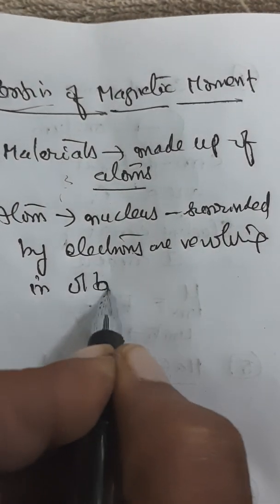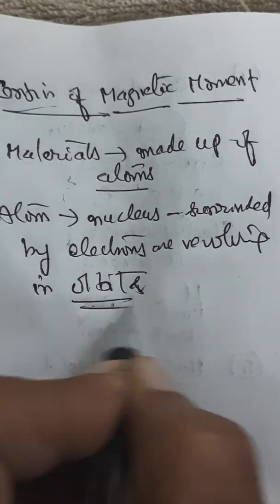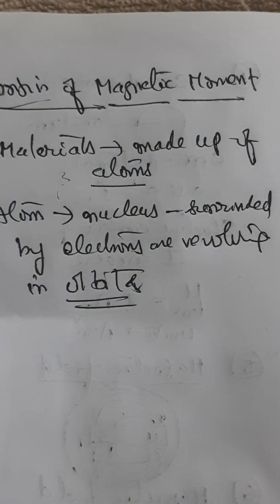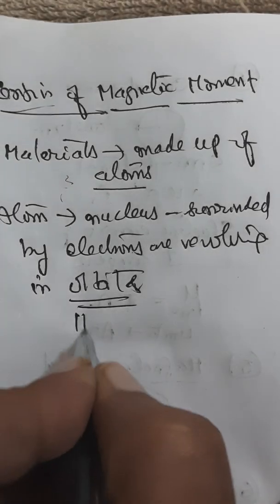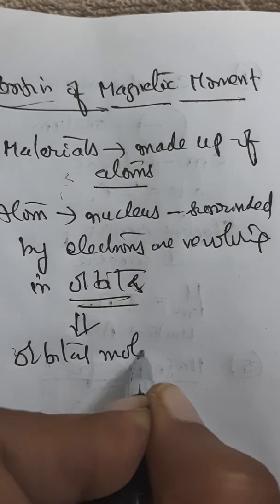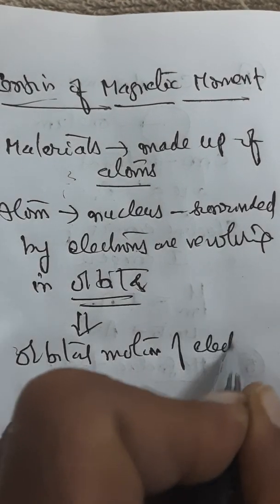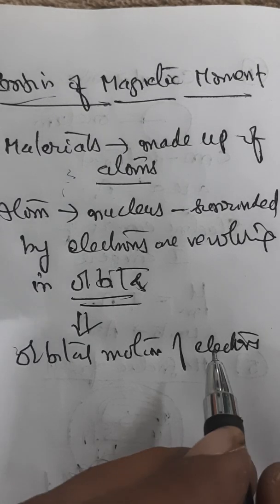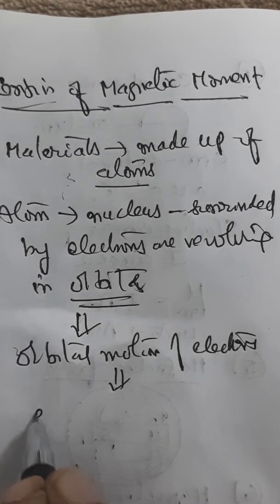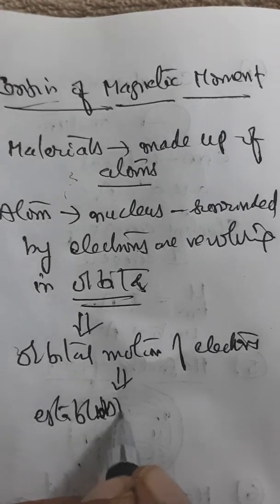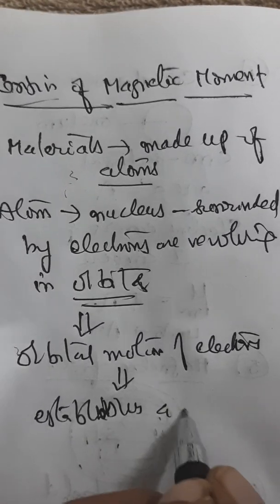Revolving in orbits. Electrons are revolving in orbits. So therefore, because of this orbital motion of electrons, it establishes a magnetic field.